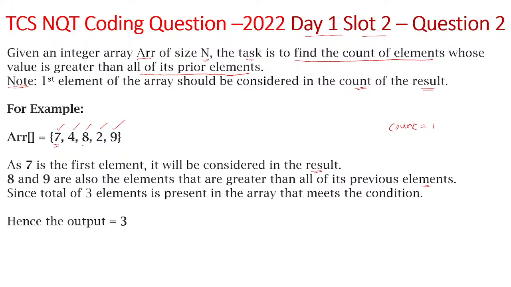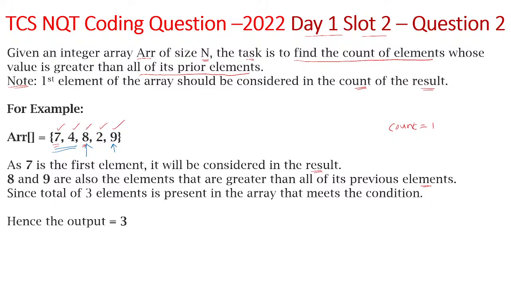If you observe the given array, 8 is greater than all of its previous elements. What are the previous elements before 8? 7 and 4. Now 8 is greater than 7, 8 is greater than 4. Also, if you see this element 9, it is greater than all of its previous elements.